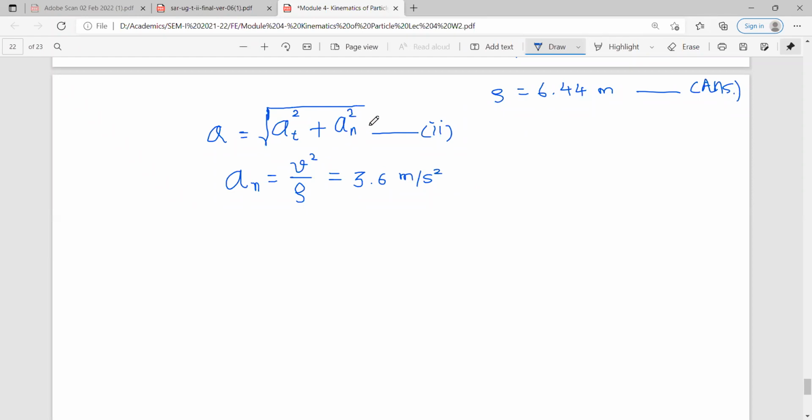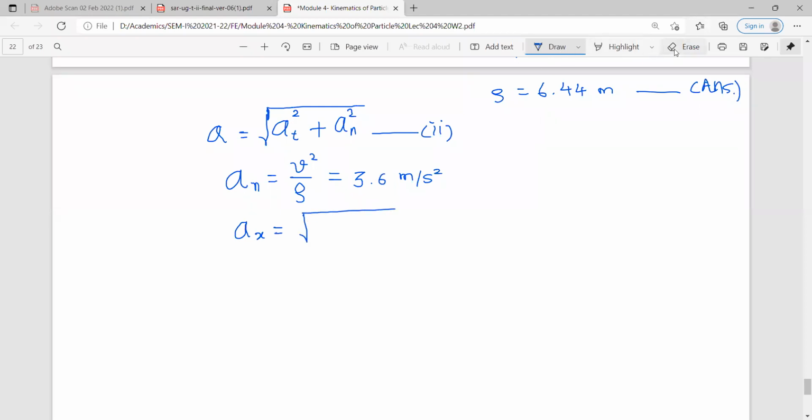And then the tangential component can be found if you have the total acceleration.